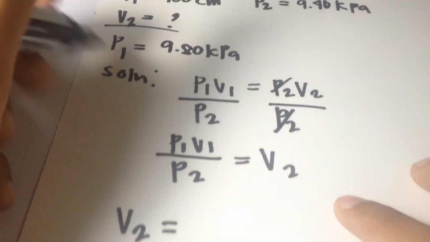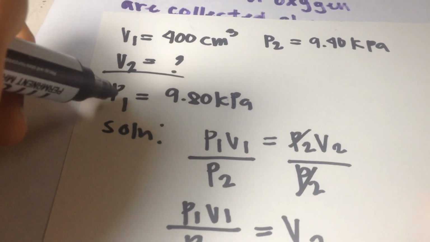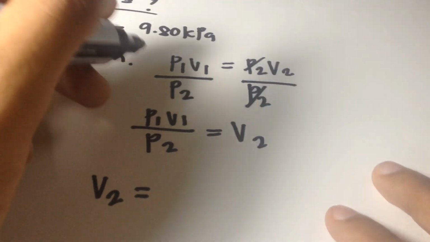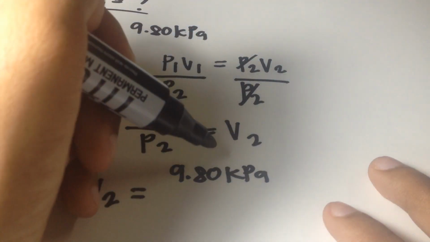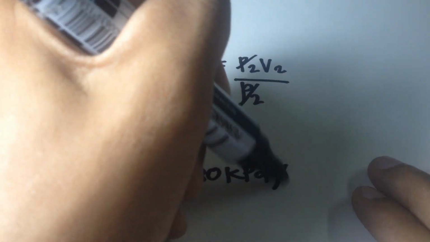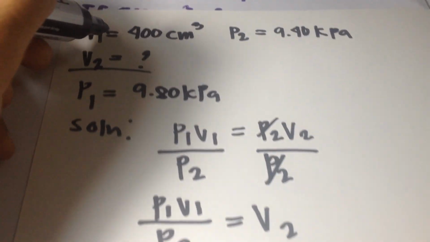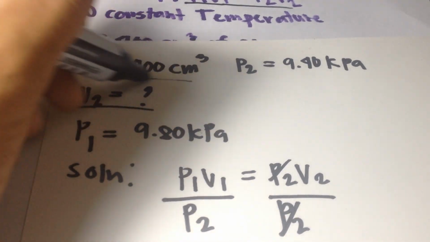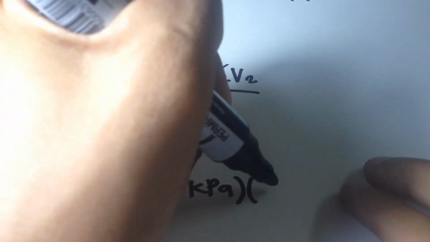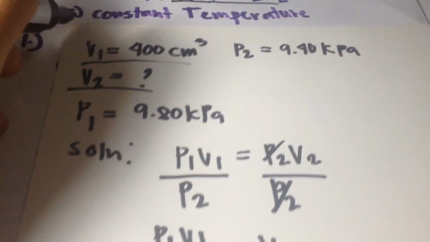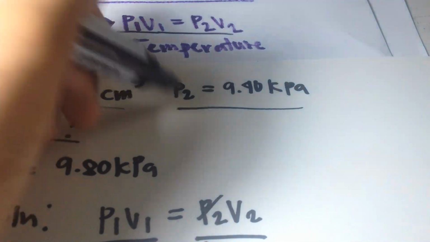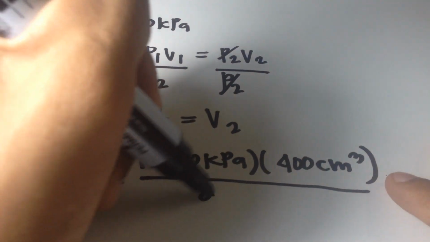V2 is equal to pressure 1, 9.80 kilopascal, times the volume 1, which is 400 cubic centimeters, over the pressure 2, which is 9.40 kilopascal.